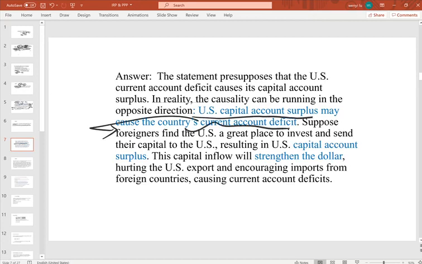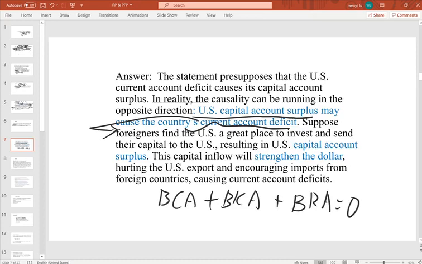deficit. As you know, the balance of the current account plus the balance of the capital account plus the balance of the reserve account equals 0. So if the capital account has a surplus, then our current account will be in deficit, supposing we have a small reserve account.